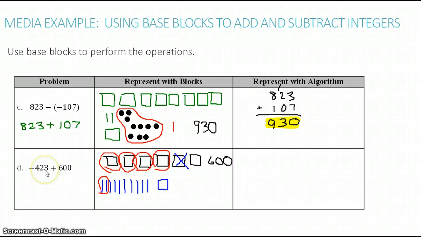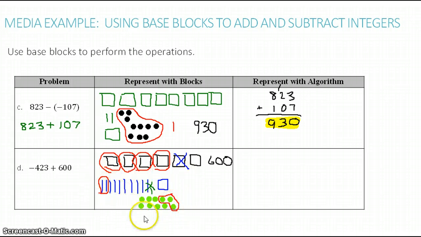But we still need to take away 3. So let's trade in one of these rods for 10 units. I'm going to make them green. 3, 4, 5, 6, 7, 8, 9, 10. And now we'll need to take away 3. So I'm going to circle the 3 that we're taking away. Okay.